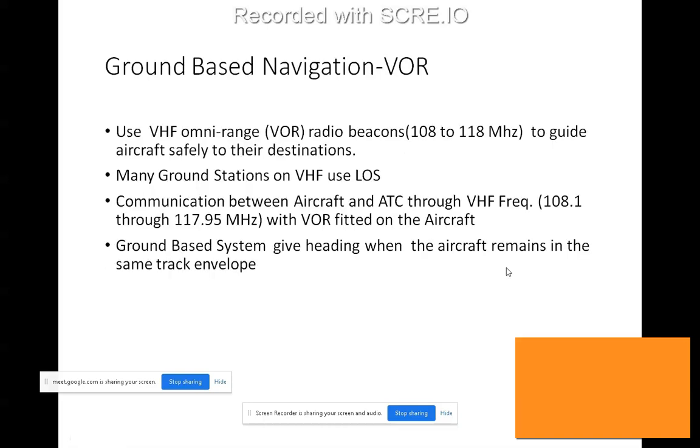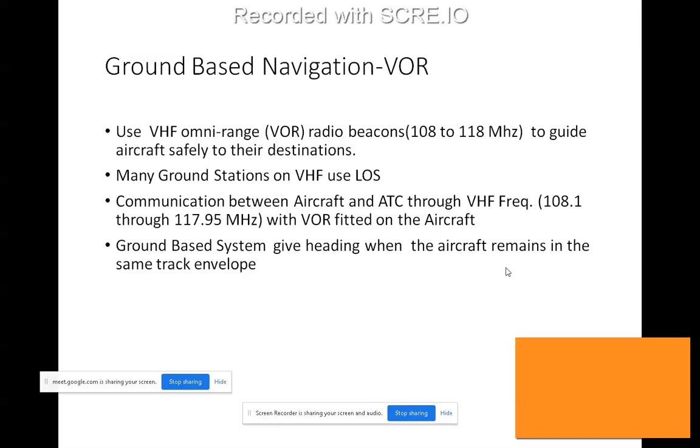Then first we are going to see the ground based navigation system. Here you will be using VOR, that is very high frequency omni range radio signal for transmitting. This will be transmitted through the beacons, in the range of 108 to 118 megahertz, to guide your aircraft safely to reach its destination.